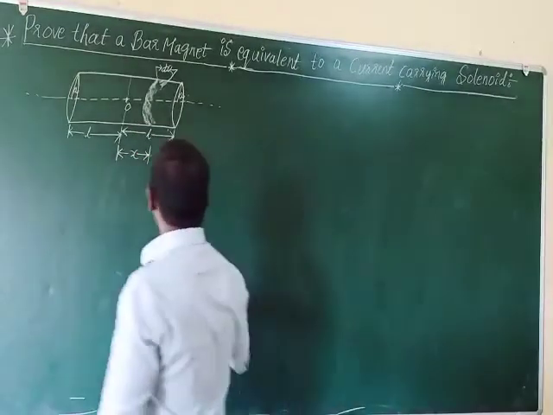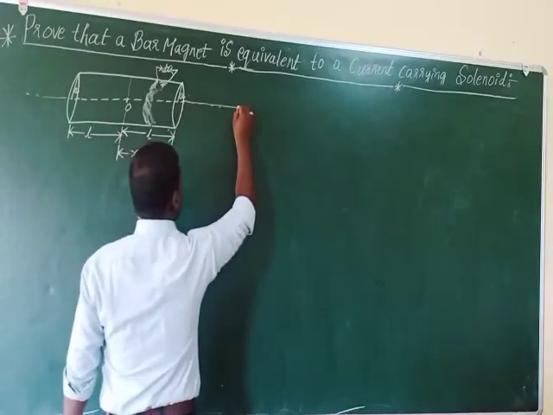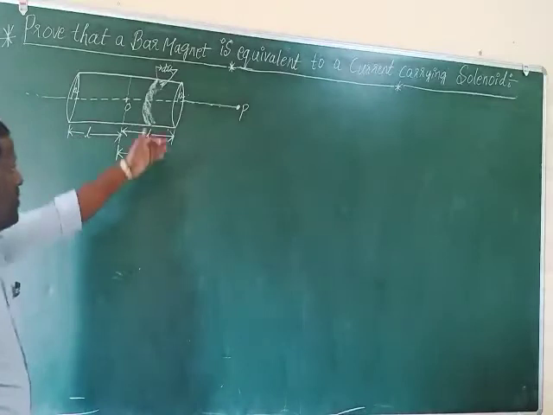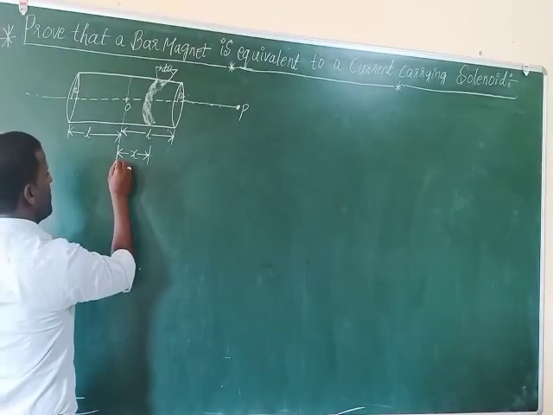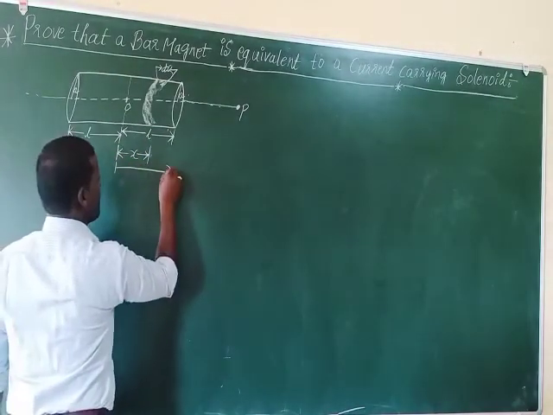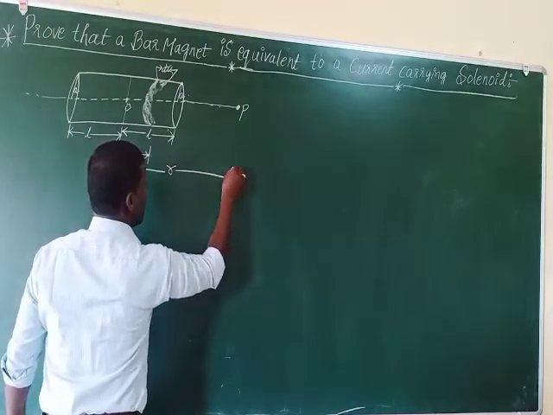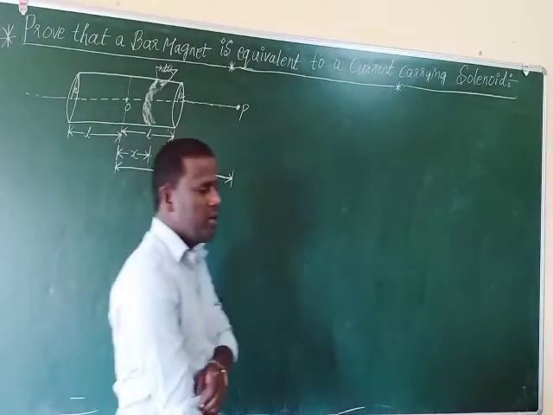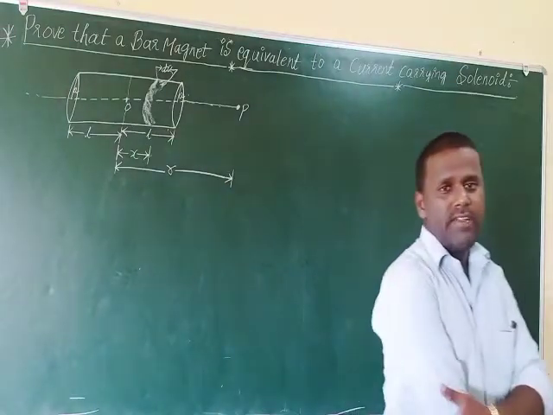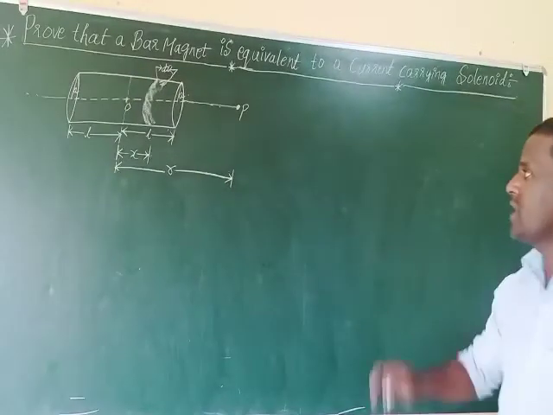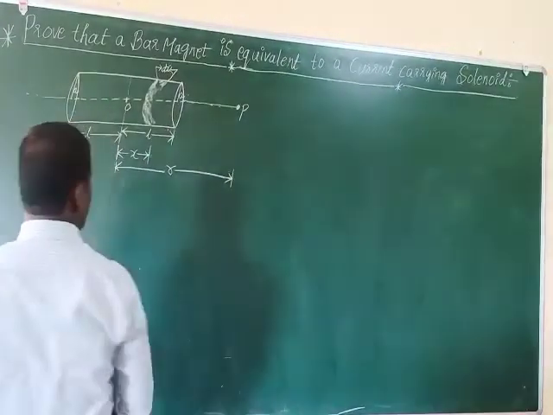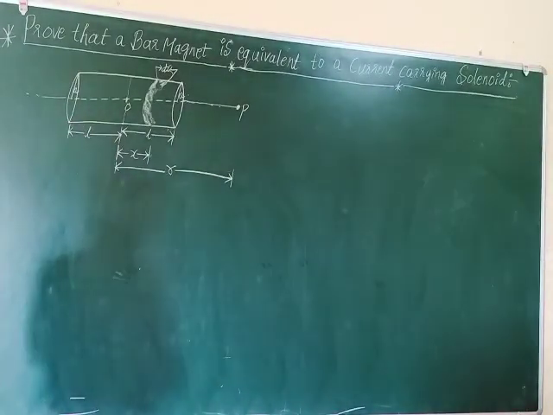And one more thing here, we shall consider a point P, and this point P is at a distance of r from the center of the solenoid.